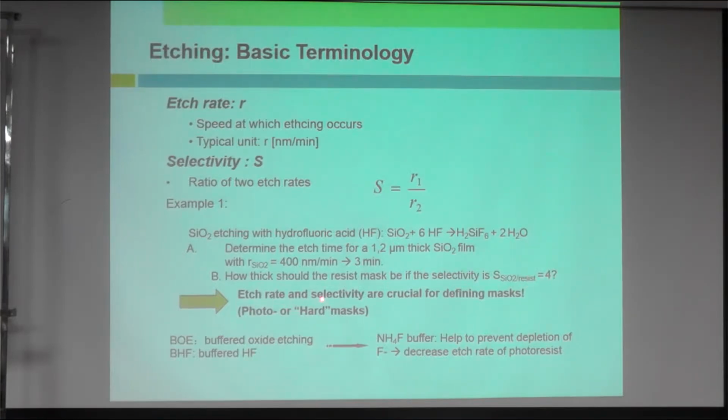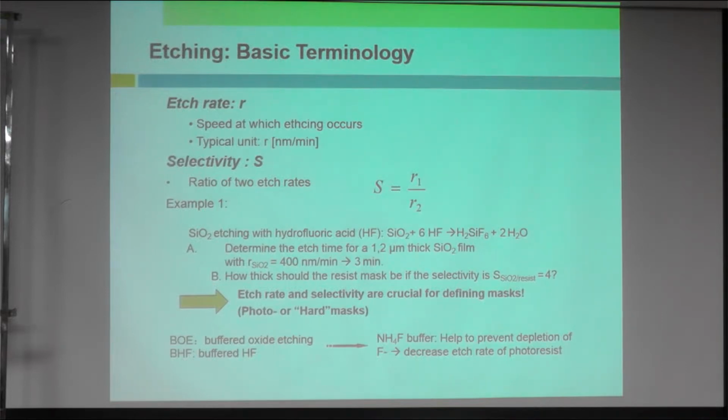So the etch rate and selectivity are crucial for defining the photomask. Here we can calculate, if the selectivity R1 divided by R2 is 4, then with this value you can calculate R2.